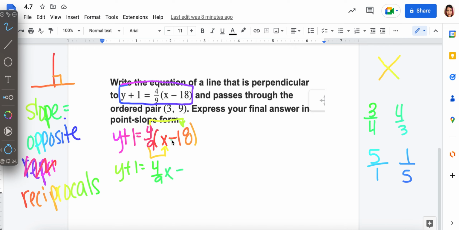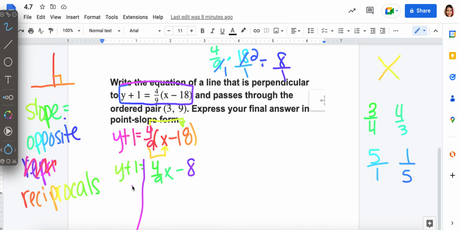And 4/9 times 18, if you know how to multiply fractions, 4/9 times 18. And so you reduce. 4 times 2 is 8/1. So 8. You're getting all the math here that you have to remember from previous lessons, multiplying fractions, solving equations, everything.